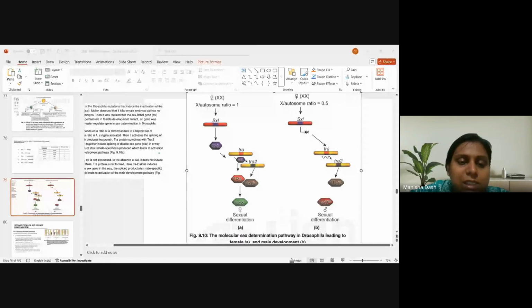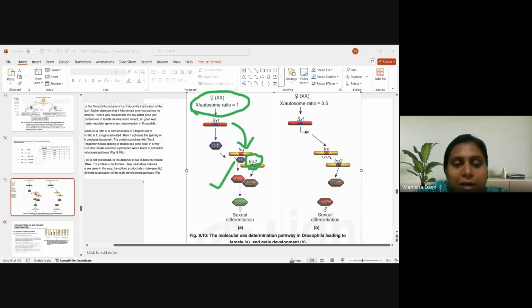If the X by autosome ratio becomes 1, the SXL gene will be activated and it will activate another gene called TRA. Then TRA will activate TRA2, and they will form two different transcription factors, TRA and TRA2.